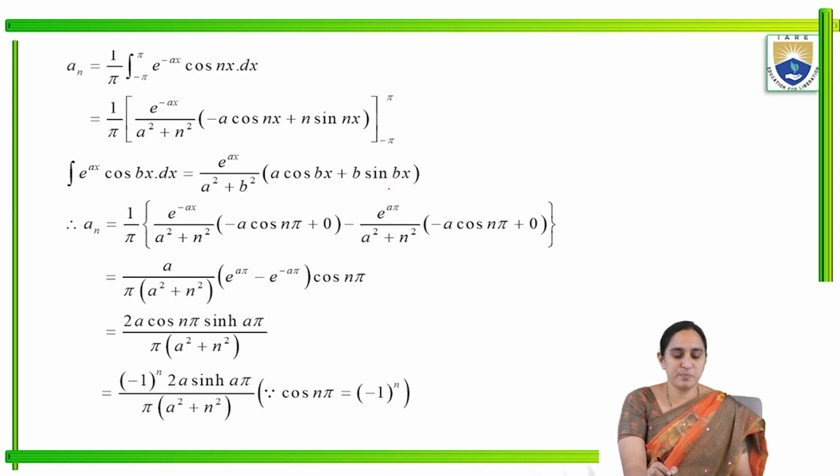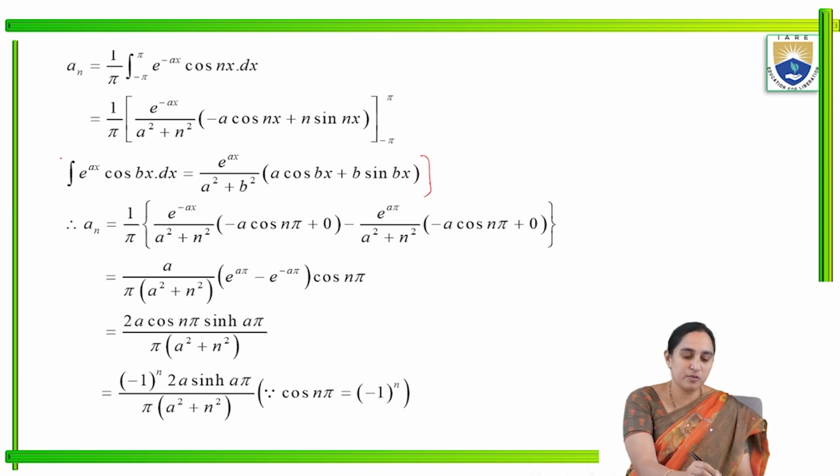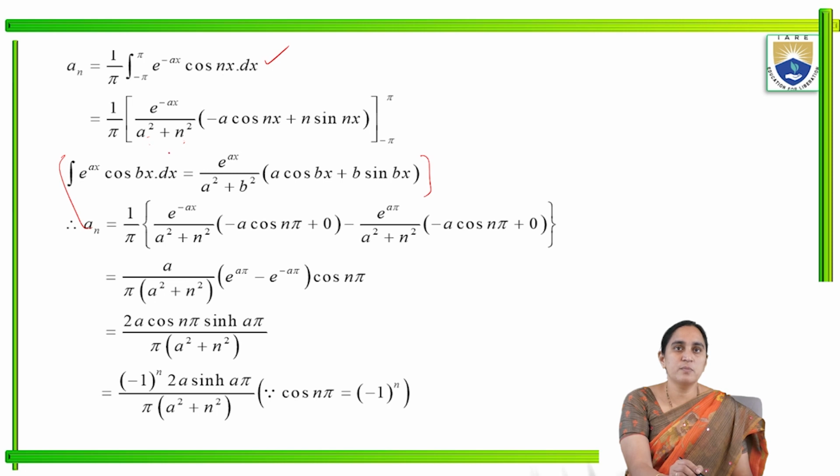Just apply this formula from the above one, that is e power minus ax by a square plus b square. Here b square means n square, a square means a square, into a cos bx plus b sin bx, where a means minus a, into cos bx plus b into sin bx.